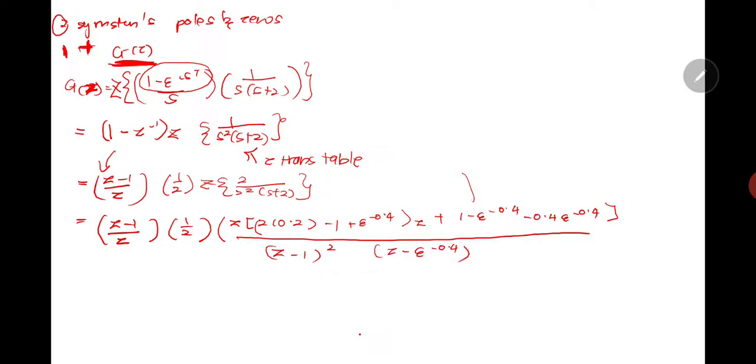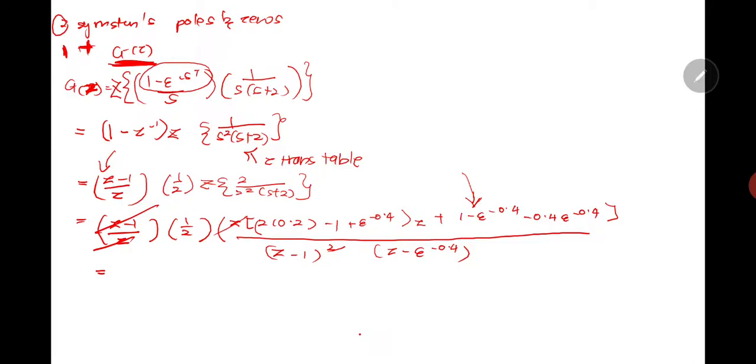This e is the exponential number, the natural exponential number. So you just key in your calculator to calculate how much it is. If you calculate this correctly, this part and this part can be cancelled out. Whatever can be cancelled out, you cancel out first.